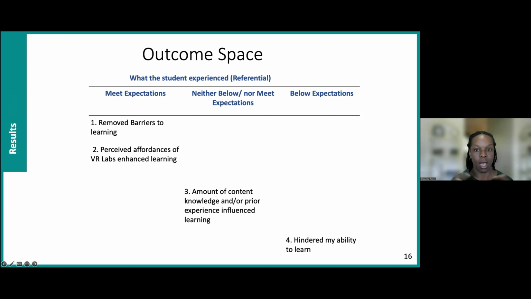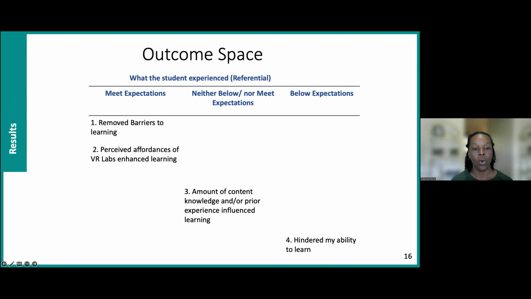That's us recognizing that in the responses that the students gave. And then for this study, there were 3 dimensions. The dimensions represent what the students experience, or referential. So that's, again, the 3 parts here that you see.